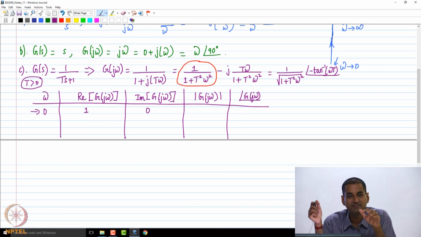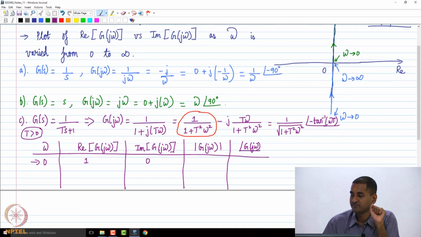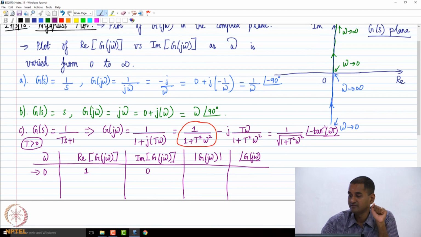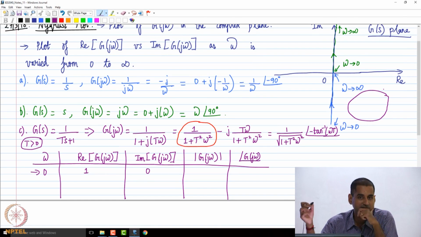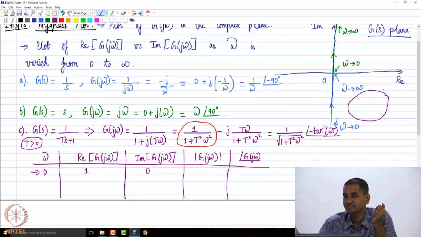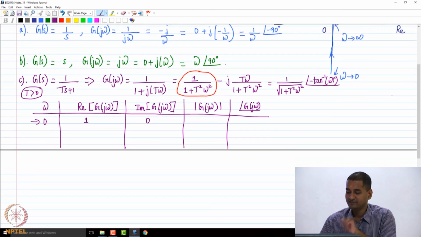So which quadrant would the Nyquist plot of this factor lie in? What is this quadrant called, 1, 2, 3 or 4? Fourth quadrant, right? So the Nyquist plot will lie in this quadrant.